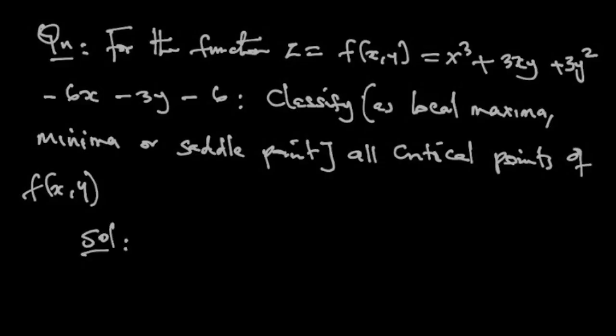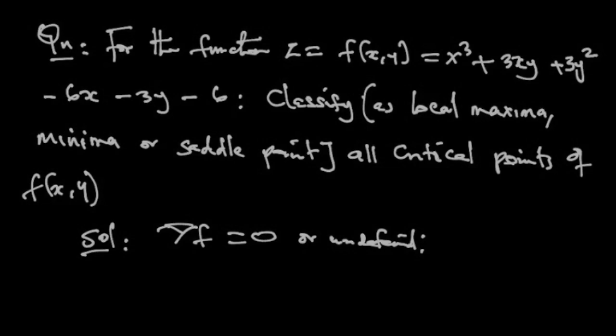So, solution. To find the critical points of a function, we have to get the partial derivative of that function and equate it to 0. If it is undefined, then it doesn't have solutions.